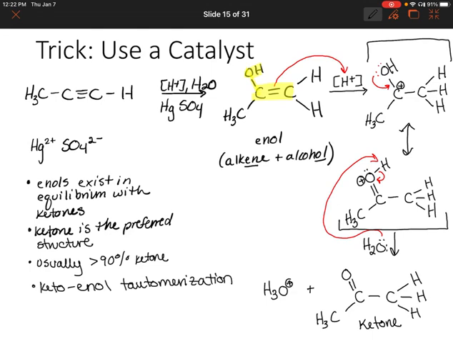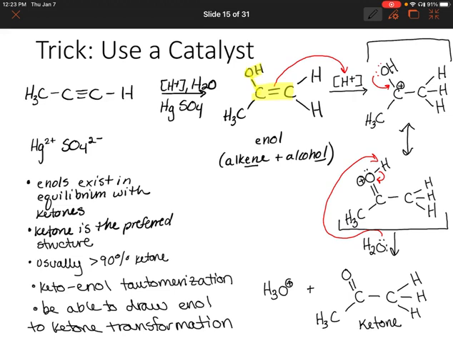So I would like you to be able to draw this enol to ketone transformation, the arrow pushing mechanism, because this is going to come up again. It's a pretty important equilibrium process.